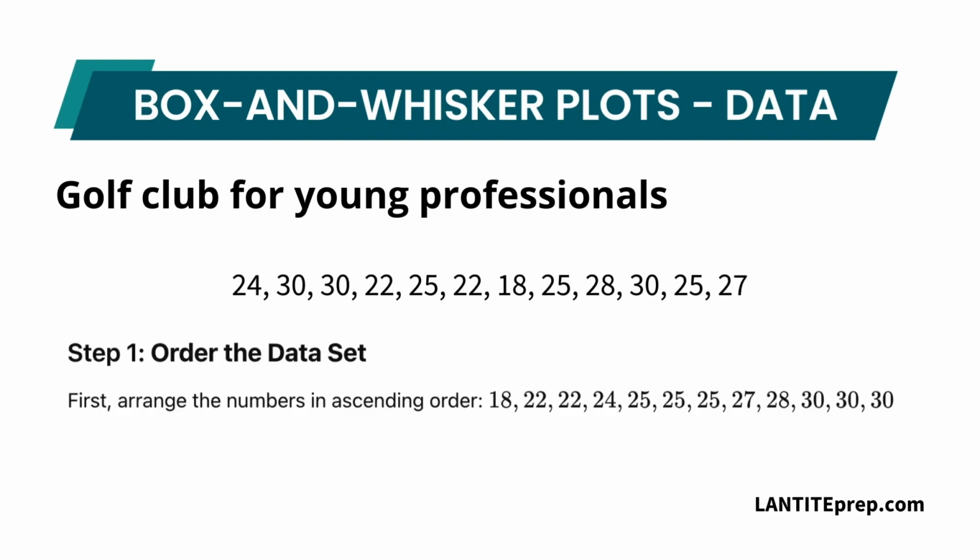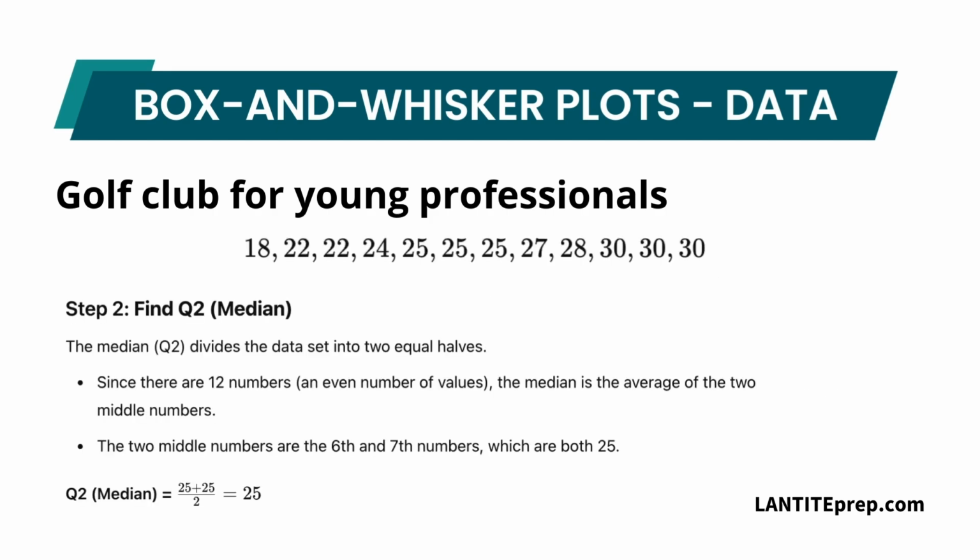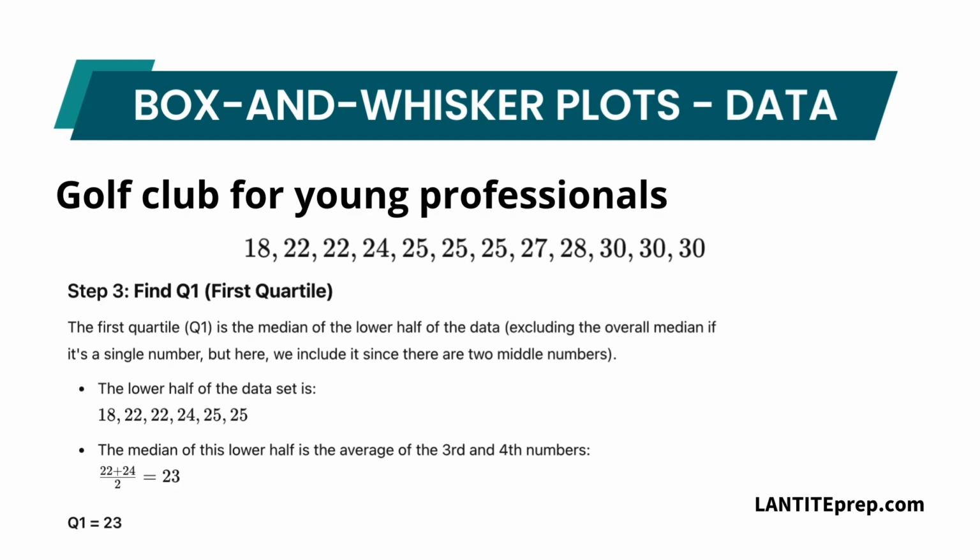Alright, great. Step 1 is to order the data set from the smallest number to the largest. Step 2 is to find the median, which is the number directly in the middle of all the numbers of the dataset. In this case, we can see that there are a total of 12 golf club members, which is an even number. Step 3 is to find the first quartile, which is the lower half of the data.